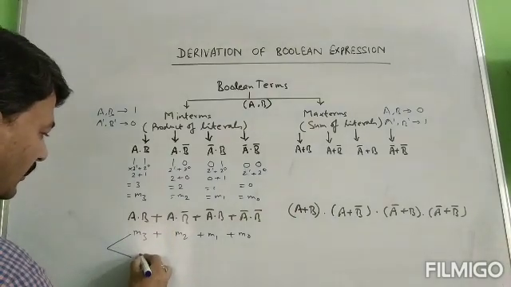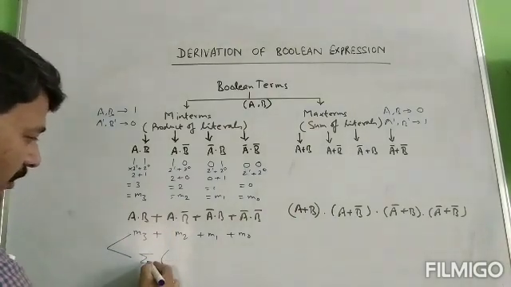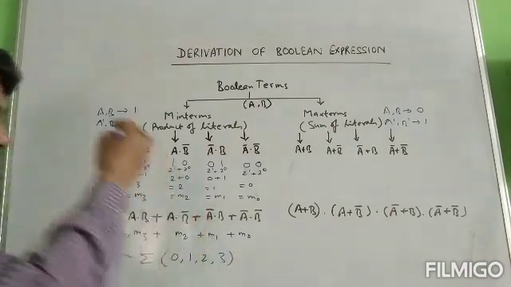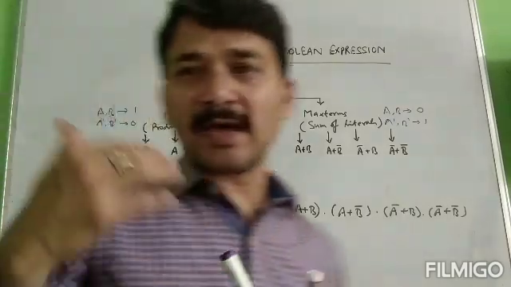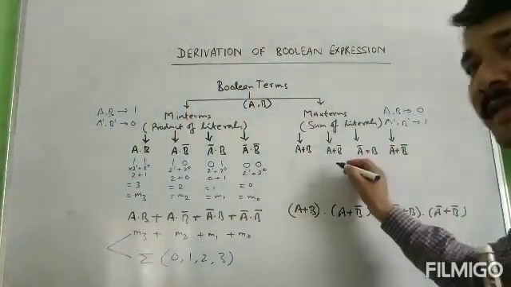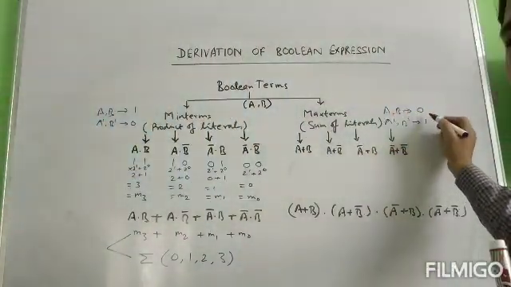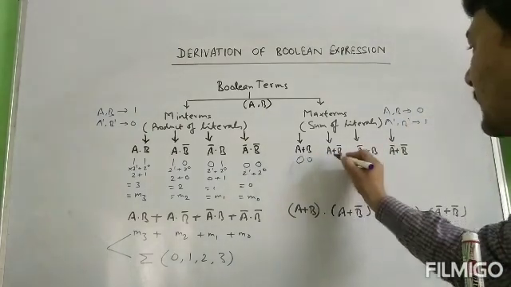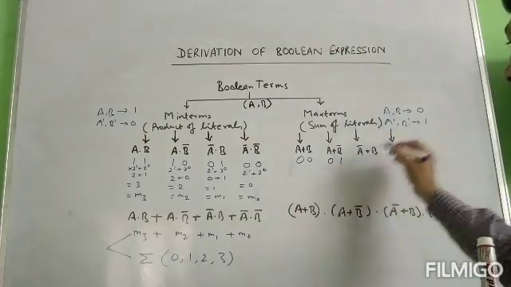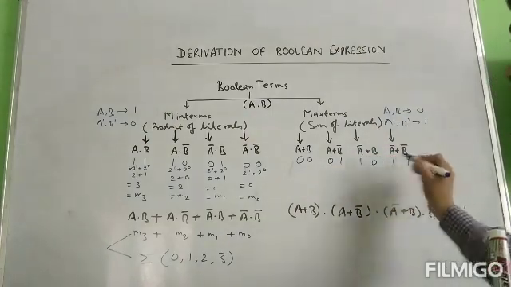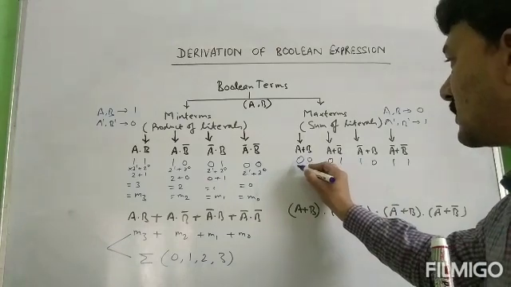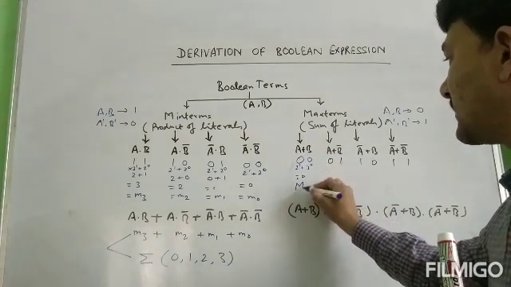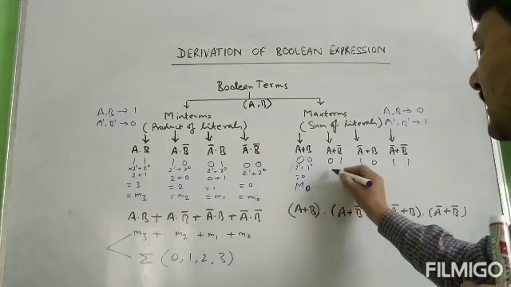This cardinal form can also be represented using summation, sigma, of the cardinals. Now how do we get the cardinal representation for POS? As I told you, non-complemented terms are represented with 0 and complemented terms with 1. So (A or B) is 0 0, which is 0 plus 0 equal to 0, capital M0.